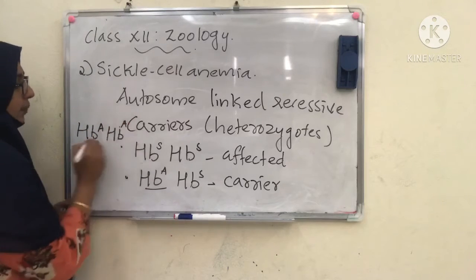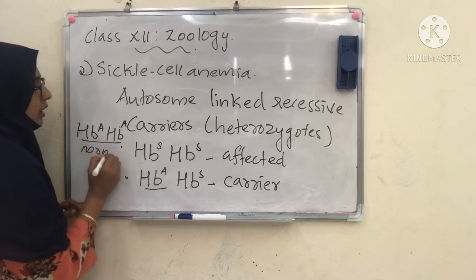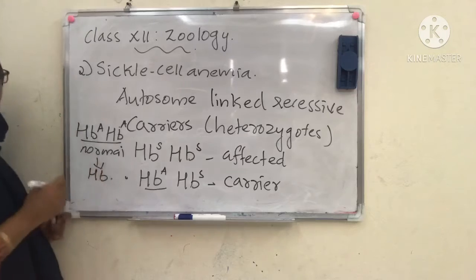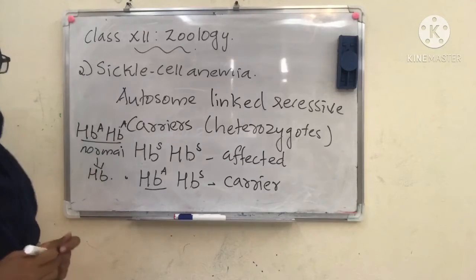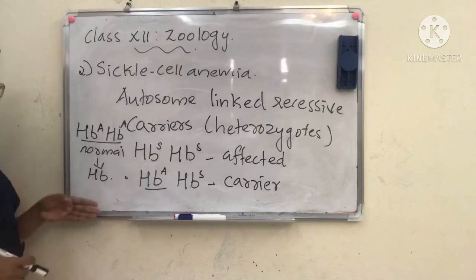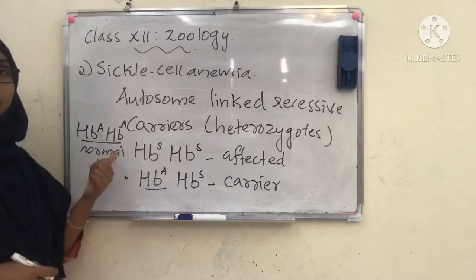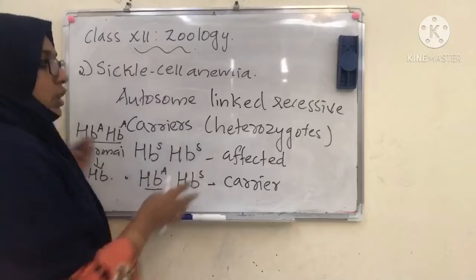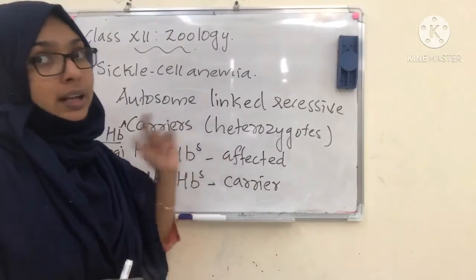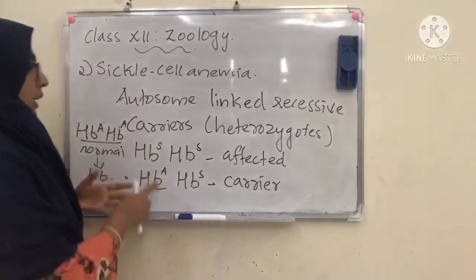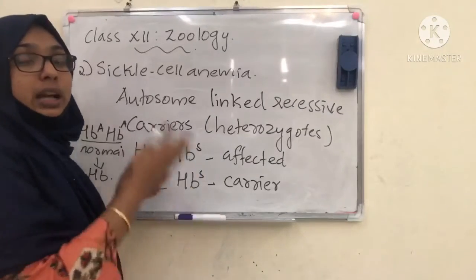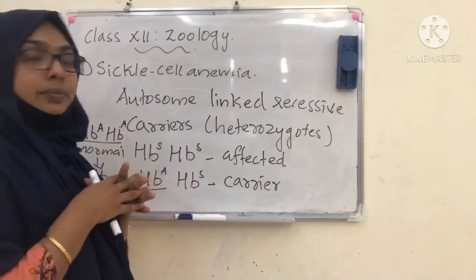HBA is the normal allele for hemoglobin. And if it is HBS, then that individual will be affected with sickle cell anemia. When HBS is present along with HBA, such individuals are the carriers.